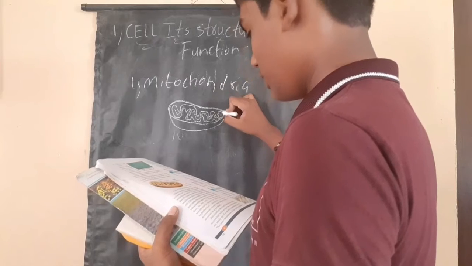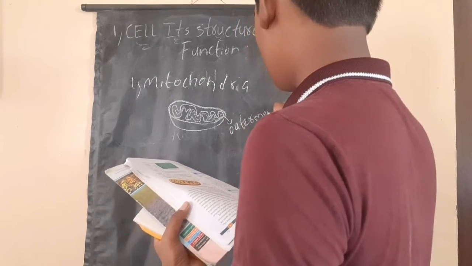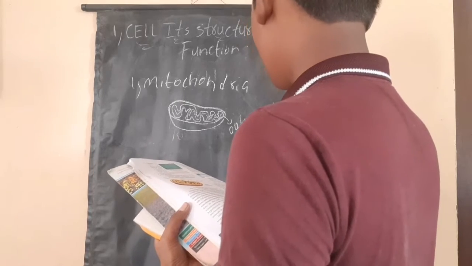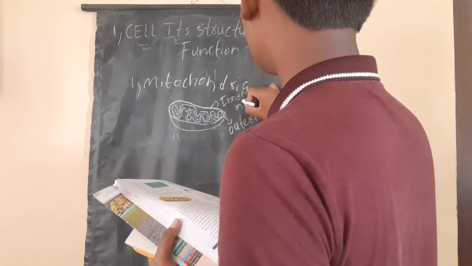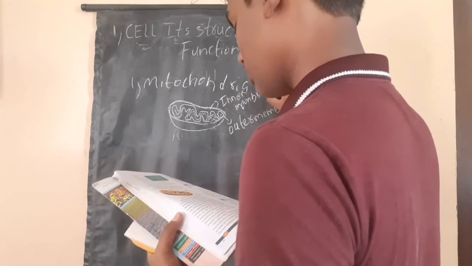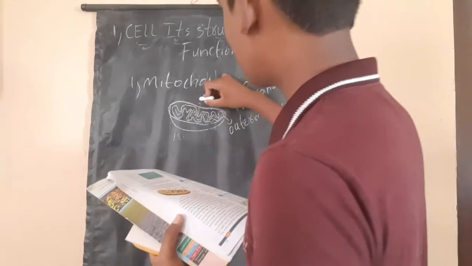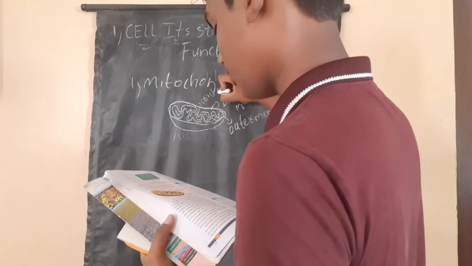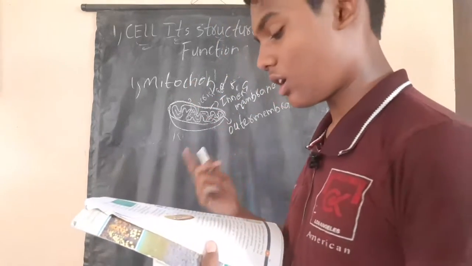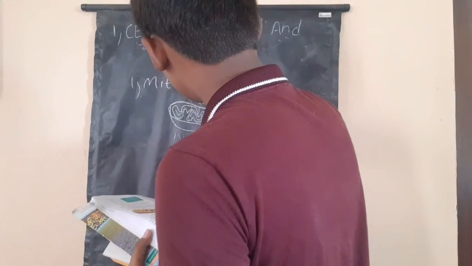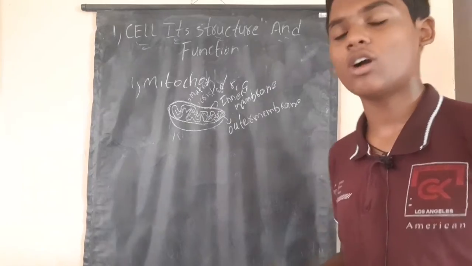This is the outer membrane. This is the inner membrane. These folds are called cristae. And these thread-like structures are called matrix. These are the parts and the structure of mitochondria.